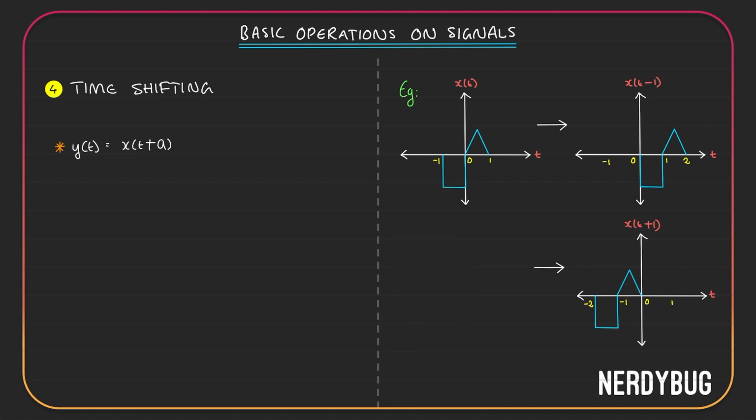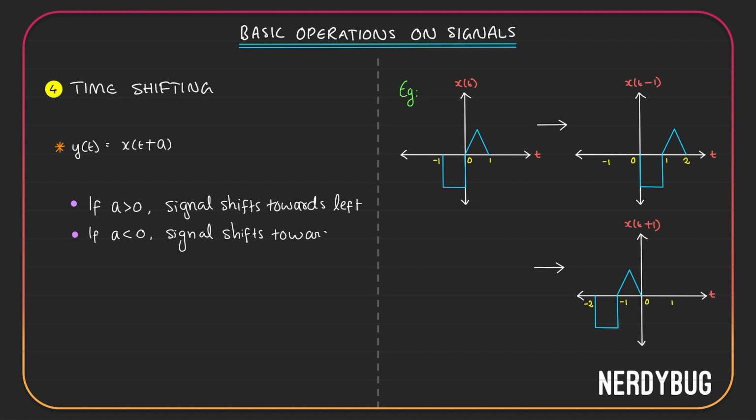So we can conclude two things here. If a is greater than 0, as you can see in the second case, the signal shifts towards left. If a is less than 0, as in the first case, signal shifts towards right.